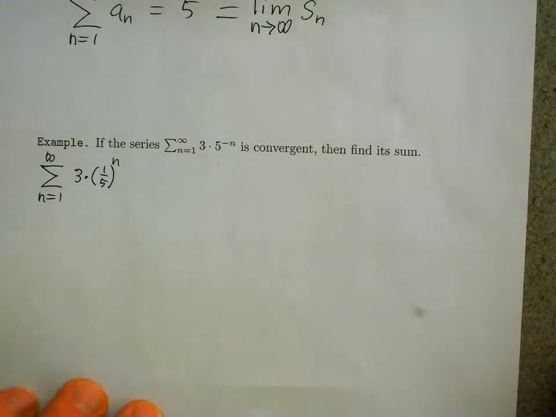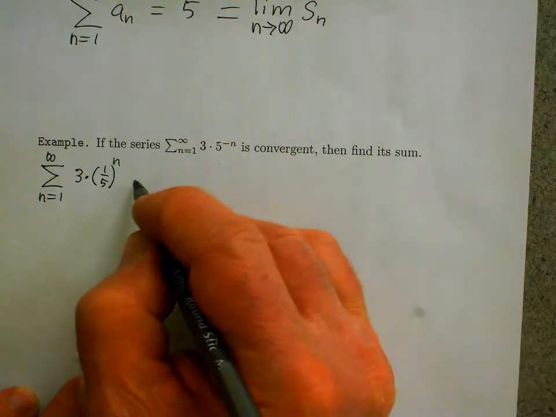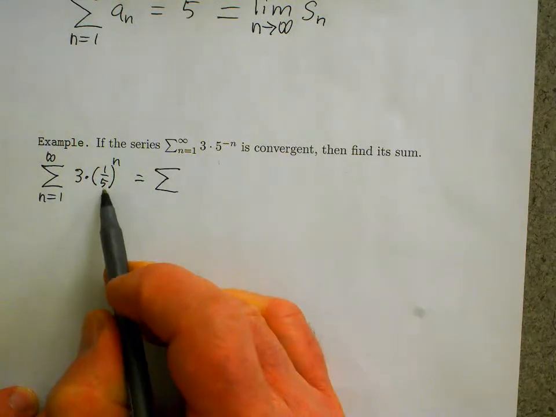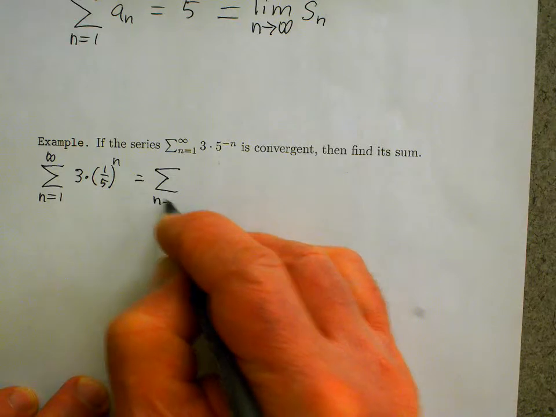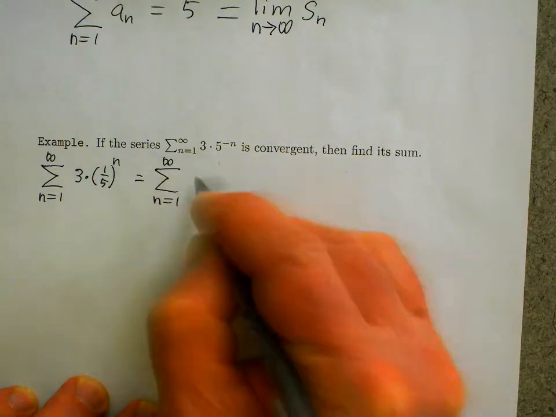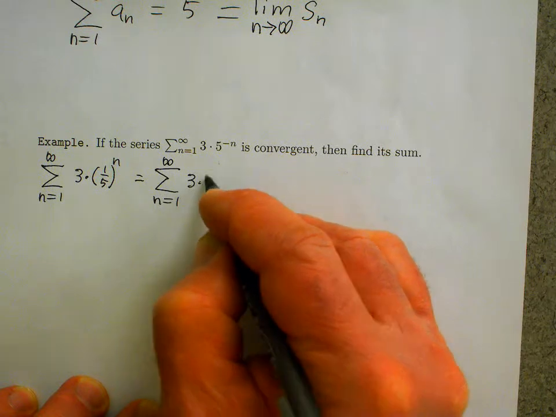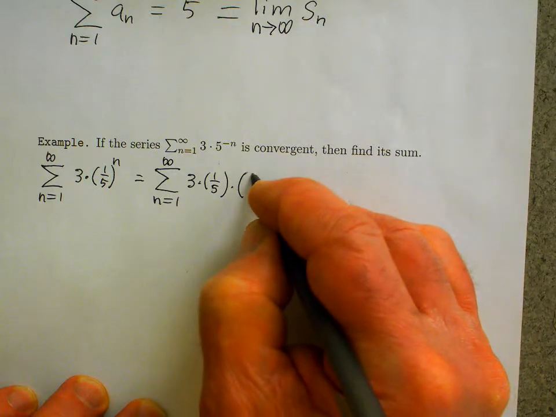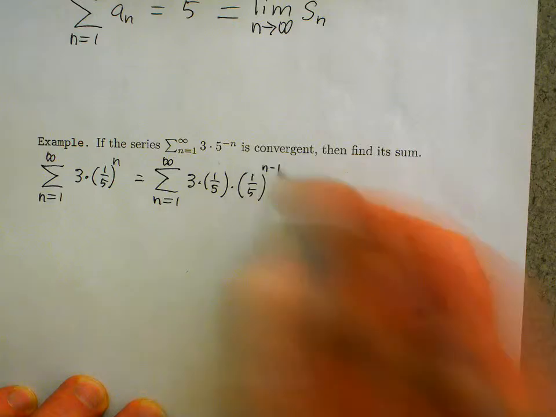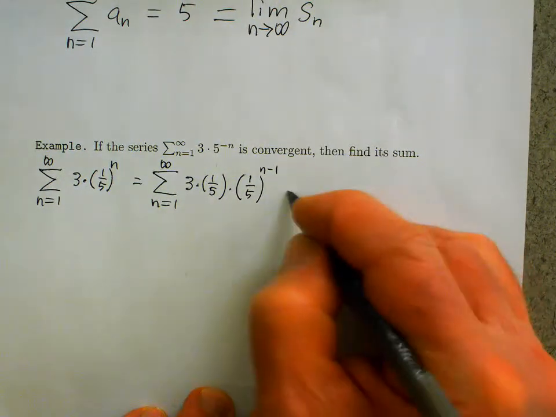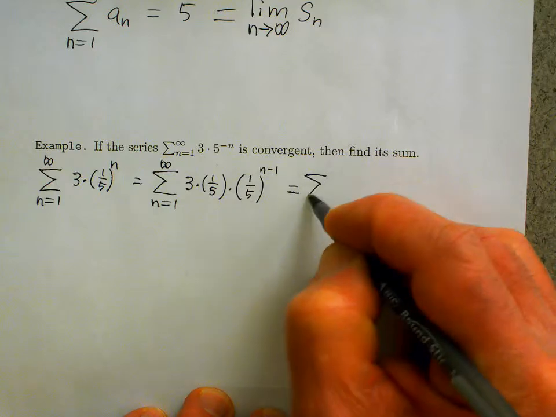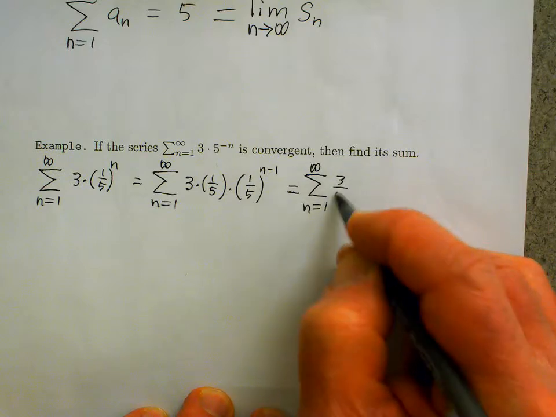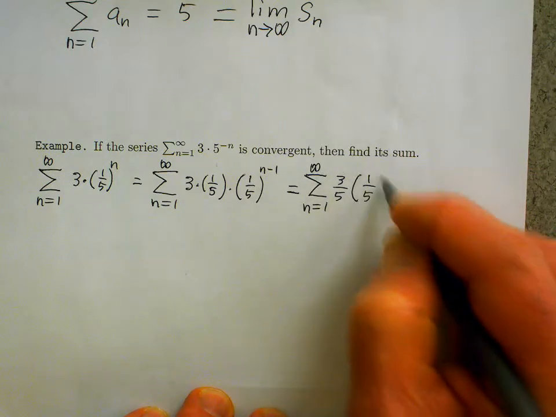Okay, to get it in the form that we want, I'm going to take one of the 1/5 factors and multiply: 3 times 1/5 times (1/5)^(n-1). And then this can be written as 3/5 times (1/5)^(n-1).